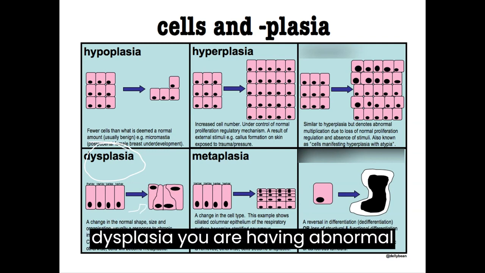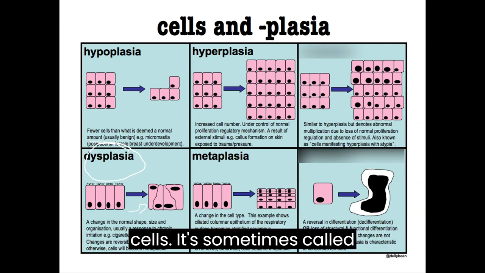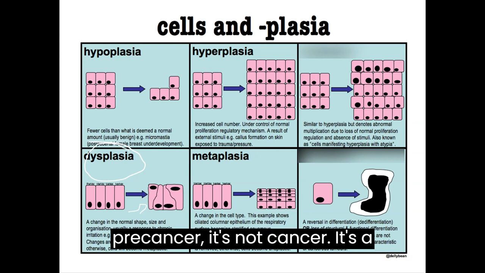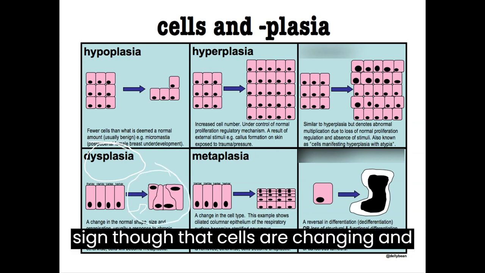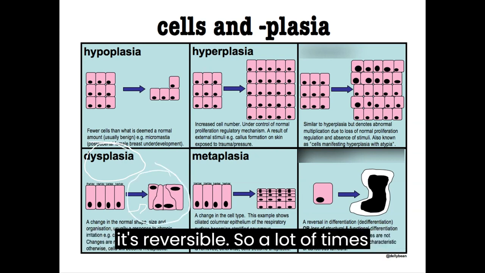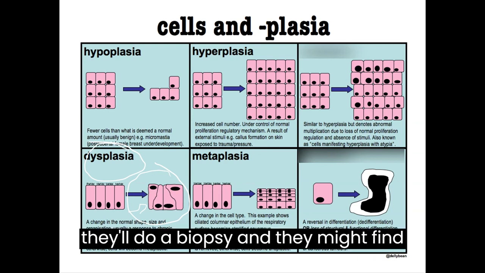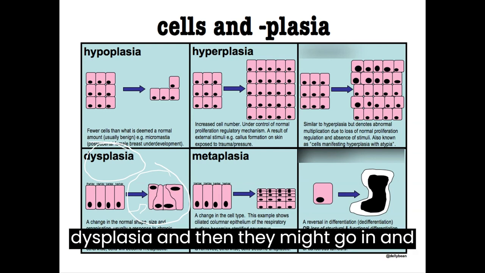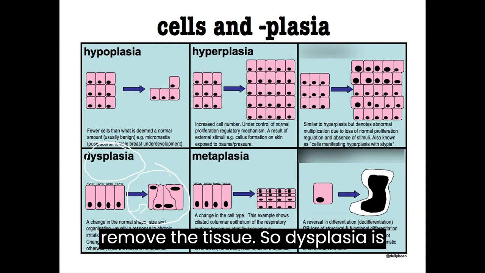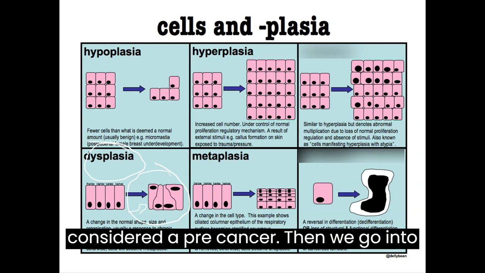When you see dysplasia, you are having abnormal cells. It's sometimes called pre-cancer. It's not cancer. It's a sign, though, that cells are changing, and it's reversible. A lot of times they'll do a biopsy, and they might find dysplasia, and then they might go in and remove the tissue. So dysplasia is considered a pre-cancer.